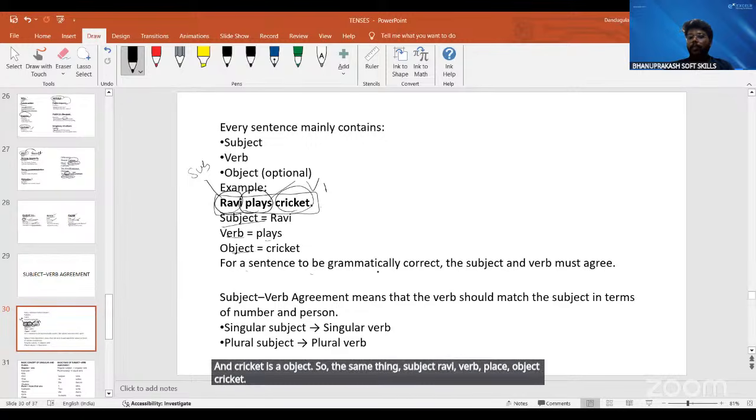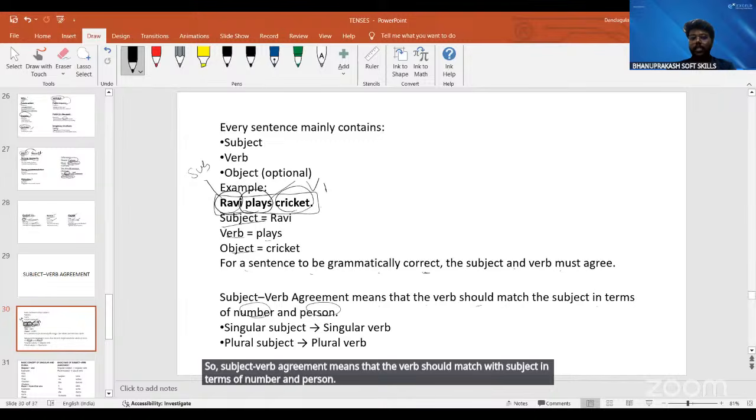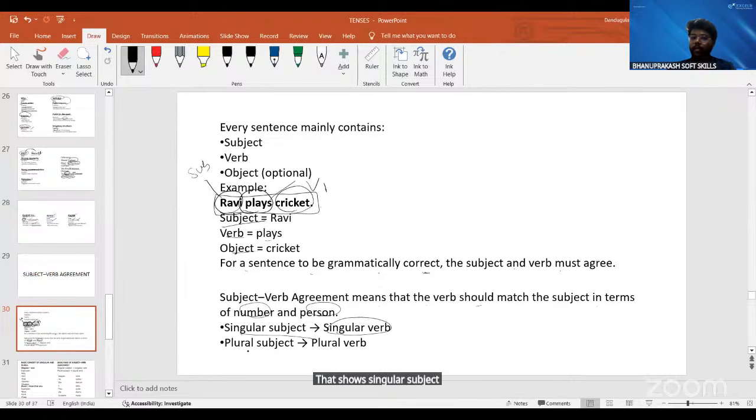So for a sentence to be grammatically correct, the subject and verb must agree. So subject-verb agreement means that the verb should match with the subject in terms of number and person. That shows singular subject means singular verb only. Plural subject means plural verb only.